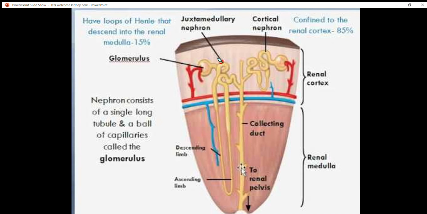These are just 15% of nephrons. Then we have the cortical nephrons, whose loop of Henle is within the cortex. It is not going deep into the medulla, as compared to the juxtamedullary nephron, which goes quite deep. So these are different parts of the nephron and their relation with the cortex and the medulla.